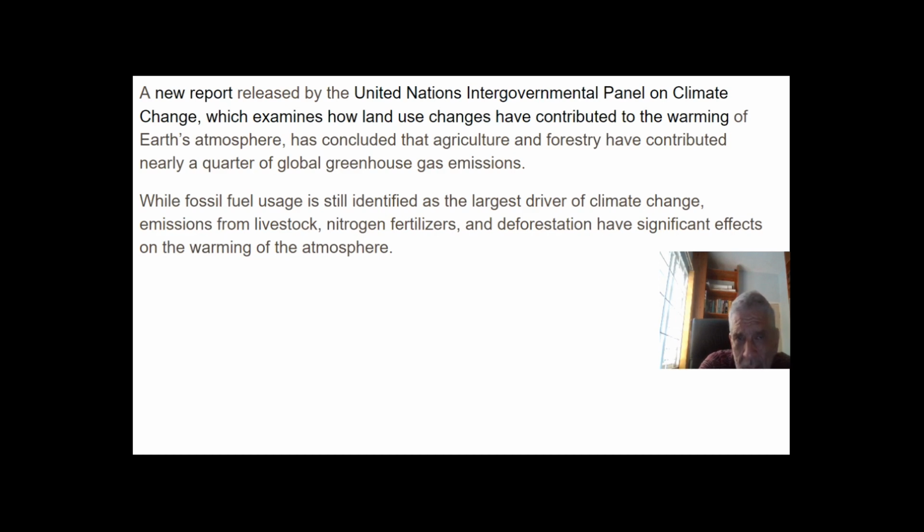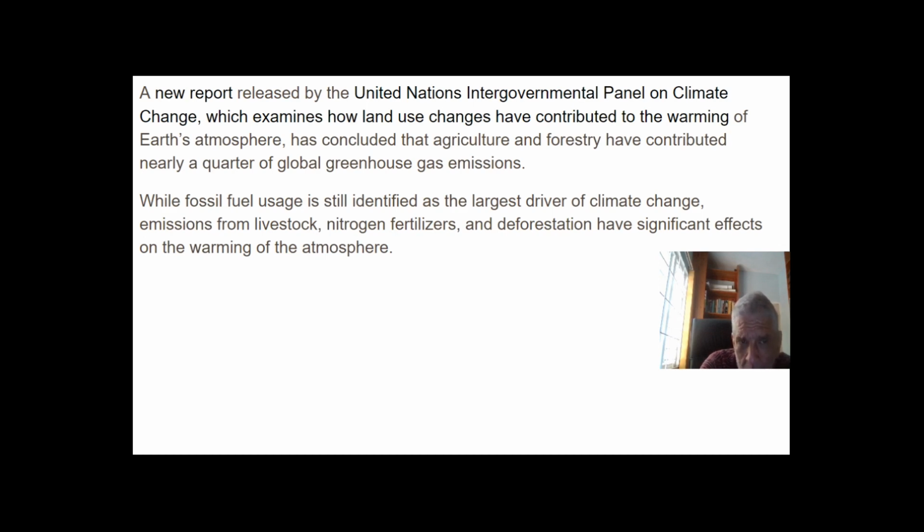And the new report released by the United Nations Intergovernmental Panel on Climate Change has concluded that agriculture and forestry have contributed nearly a quarter of all the global greenhouse gases. And this is largely large-scale farming. The industrial farms use tractors and use large amounts of inorganic fertilizers and so on.